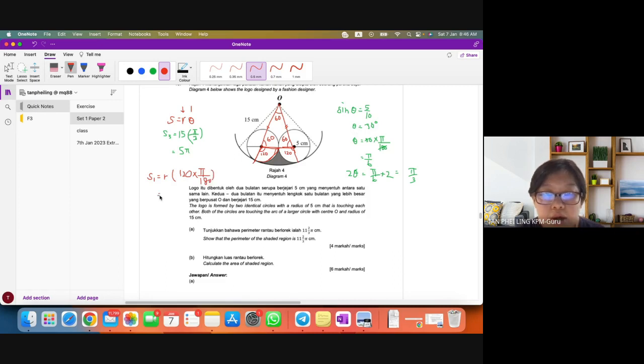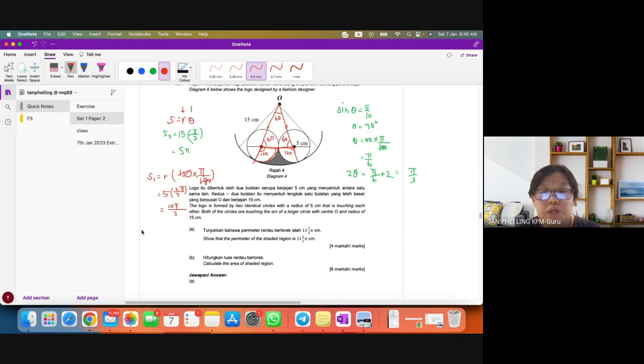Now our R put in is 5, and then this one I think we can get is 120 over 360, so 2 over 3 pi. Okay, so press calculator, we can get 10 pi over 3. Whew, good job.